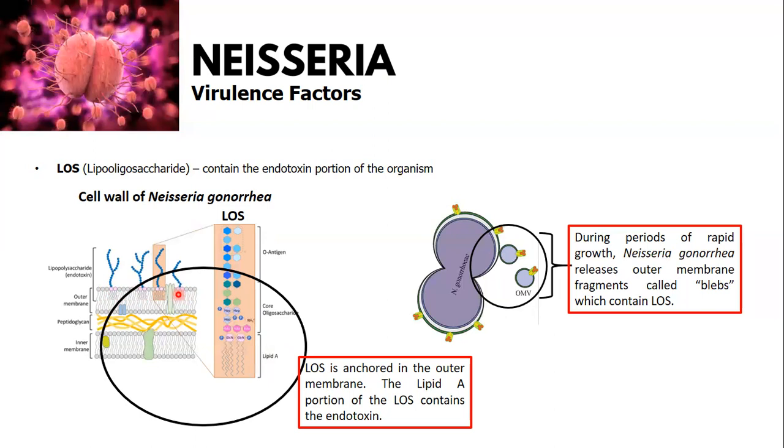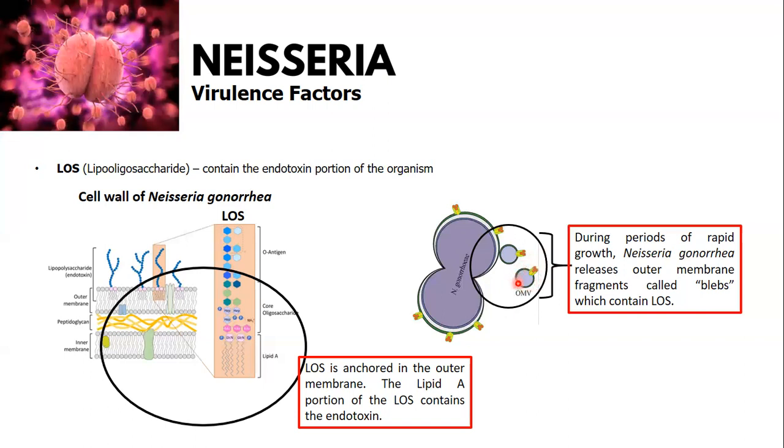However, even if Neisseria gonorrhoeae are not lysed, according to the book, during rapid periods of growth, or if there is rapid growth of Neisseria gonorrhoeae and Neisseria meningitidis inside the host's body, their growth releases outer membrane fragments called blebs, and these outer membrane fragments, or blebs, contain the LOS.